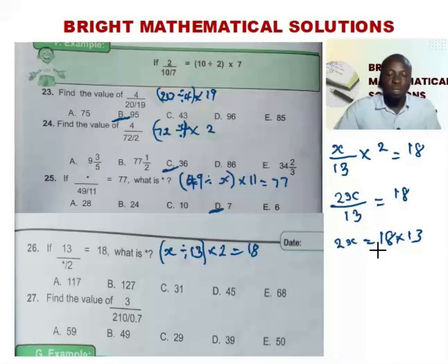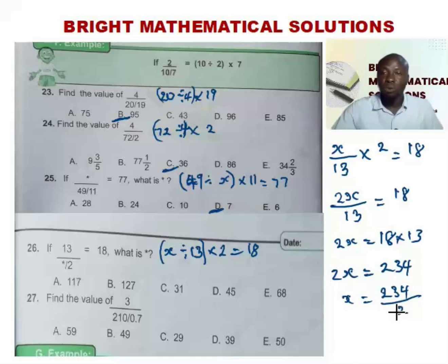So 18 multiplied by 13 gives me 234. 2x equals 234, so x equals 234 divided by 2, and that gives me 117. So our answer here is A, 117.